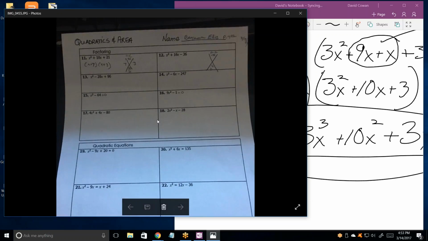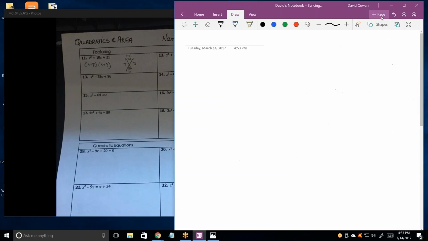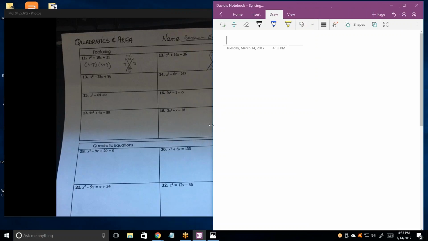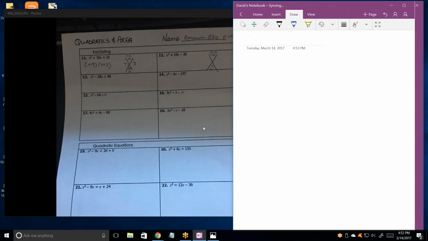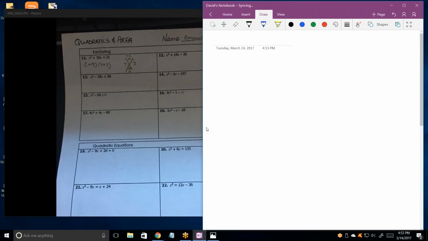Yeah, the 11 through 18 are going to be typical factoring problems, not requiring the quadratic formula. Let's just do a few of them to make sure that you can do them. In other words, yeah, let's do 12.